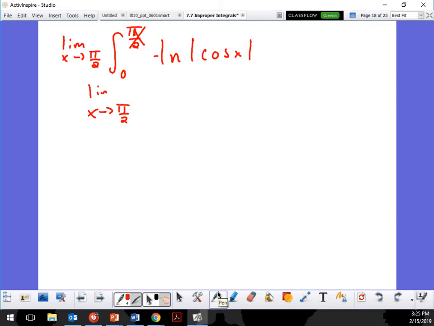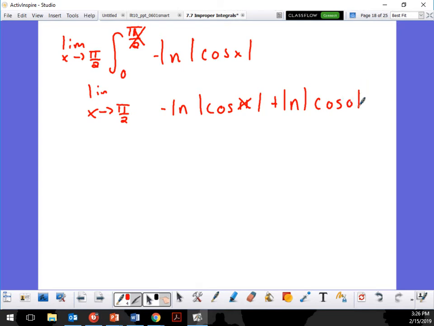So let's just backtrack real quick. We're gonna plug in and evaluate our bounds as the negative natural log of the absolute value of cosine of x. My apologies. The negative natural log of cosine of x, plus the natural log of cosine of 0.